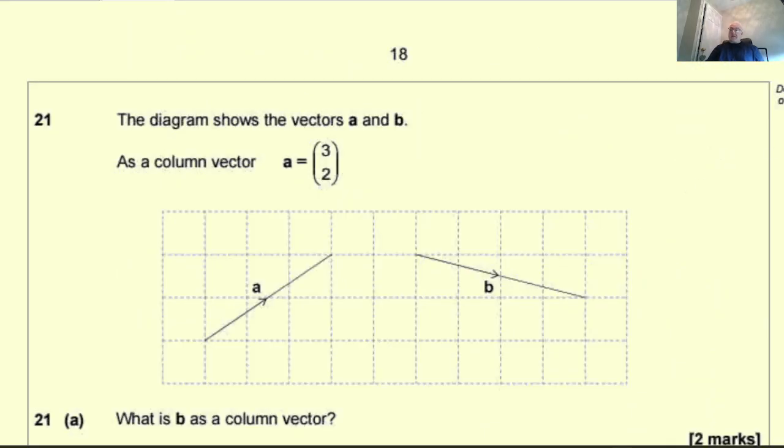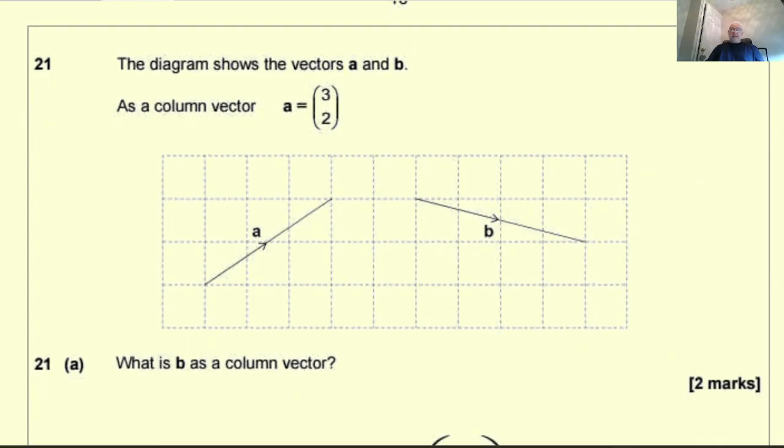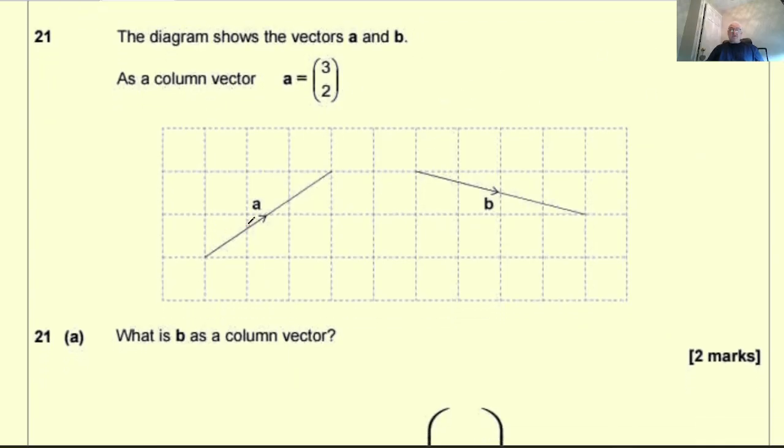Question 21, vectors. The key thing to think about vectors, anytime you see any arrow that's just a single line with a little arrow on it saying in that direction, we're counting how many squares we're going across. We're going 3 squares across and we're going 2 squares up. So we're going 3 across, 2 up.